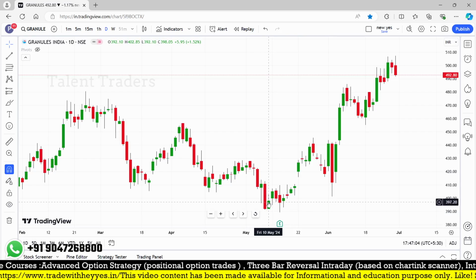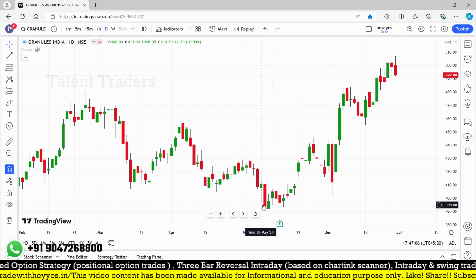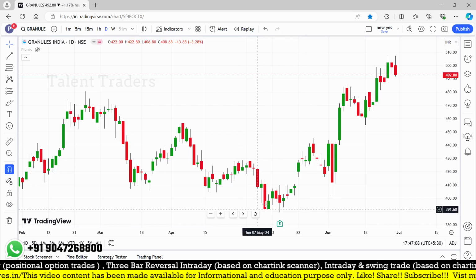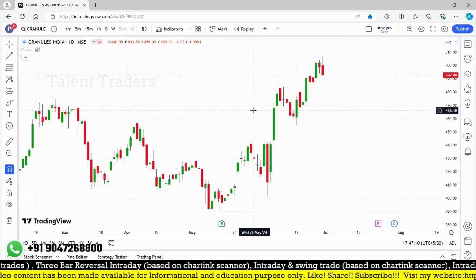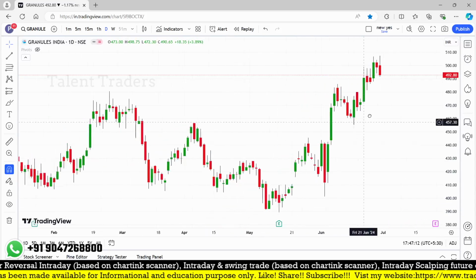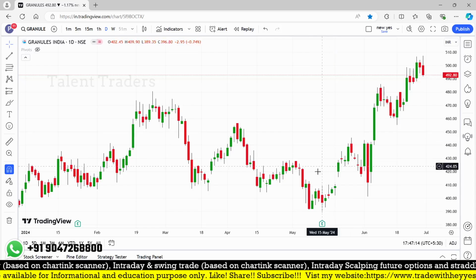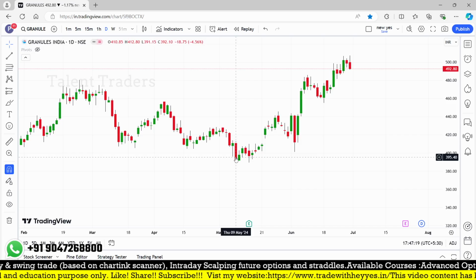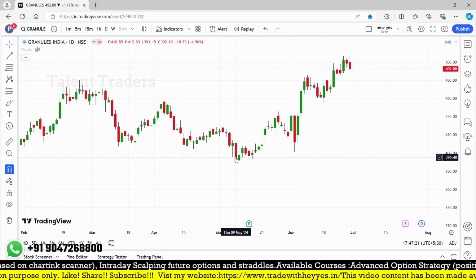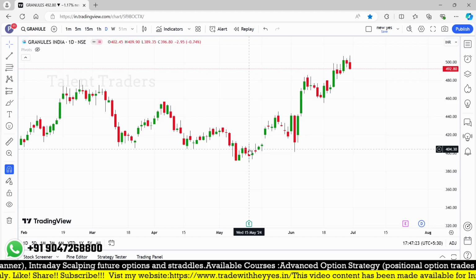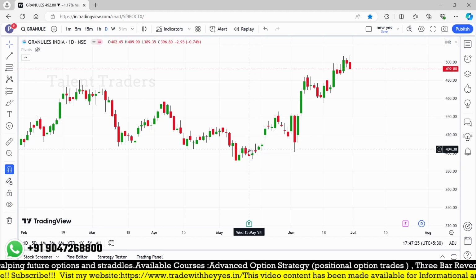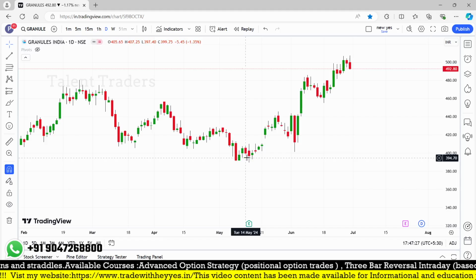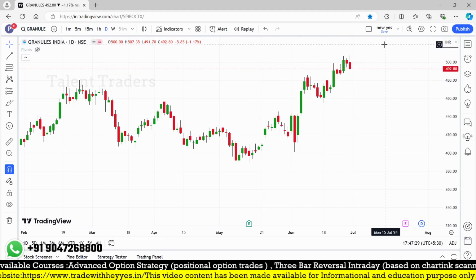We have taken an entry at 398 and the stop loss at maybe 391, 8 rupees stop loss triggered. But this is an opportunity missed, because after the stop loss triggers, in this candle it triggers your stop loss. So you can look at the stop loss got triggered at this point. Maybe if you are keeping a stop loss below 391, then 2 days later it was 398, sorry, 389. So maybe our stop loss got triggered, but after that it gave you such a good move.